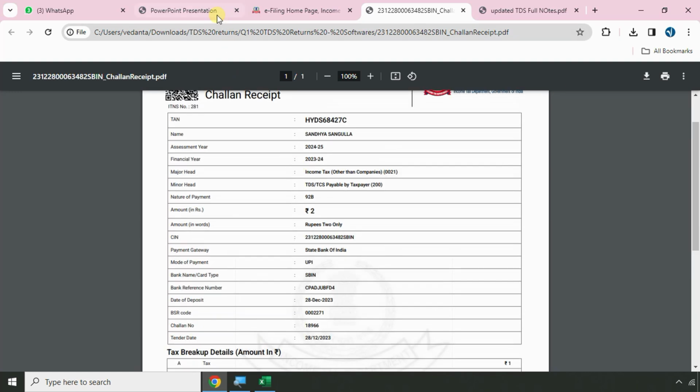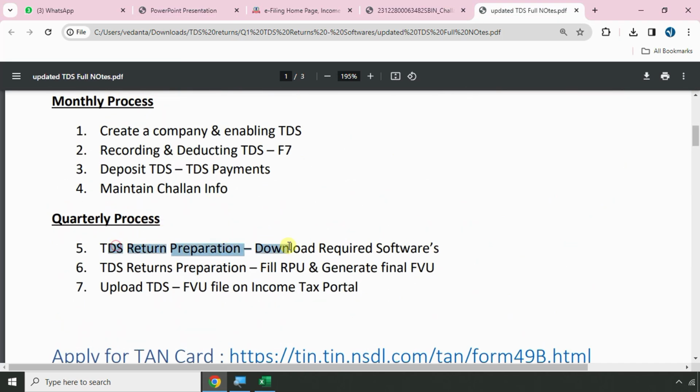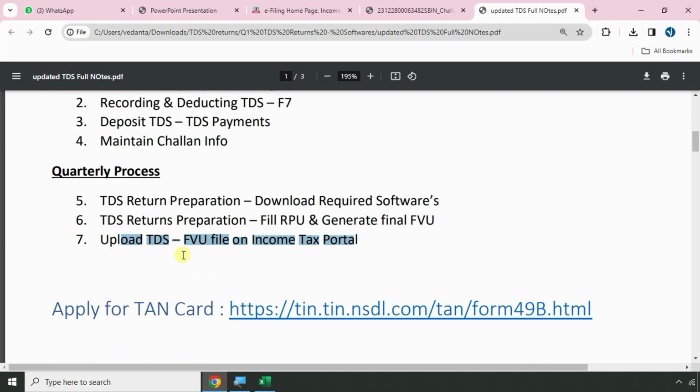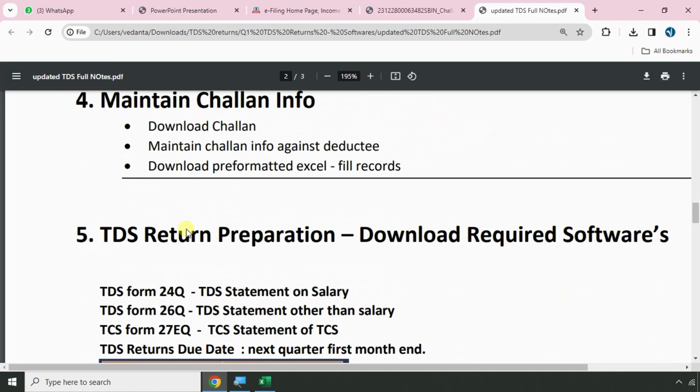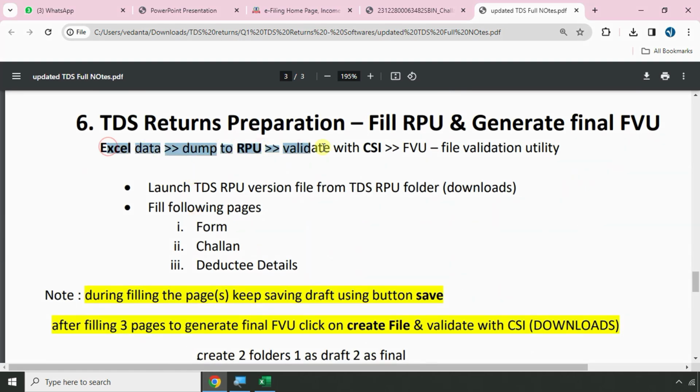What is our process after 3 months? Download TDS software, prepare TDS returns, upload on RPU. Now we are maintaining data in Excel. So whatever data you maintain in Excel, you need to dump from Excel to RPU. You remember this class? That is the next step.